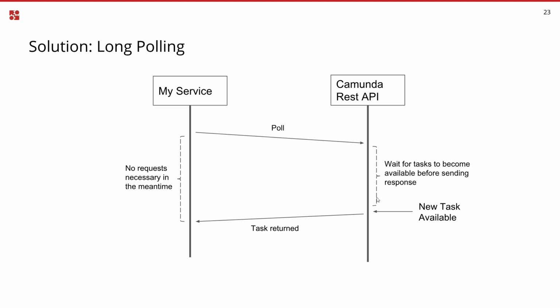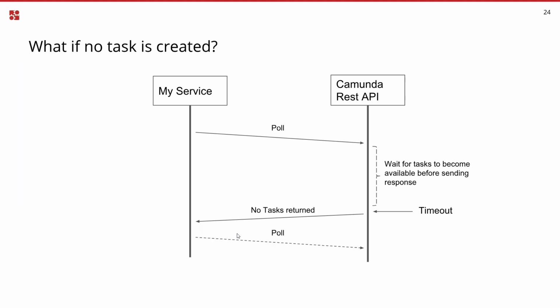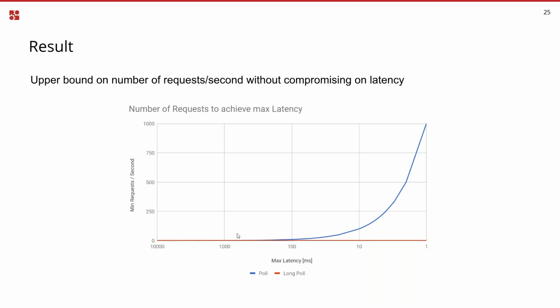If in the meantime a task becomes available, it's going to return that task and send back the response. So if we assume that we have configured this, then this chart shows that we have a constant number of requests per second to deal with these situations, and we don't need to compromise on latency.